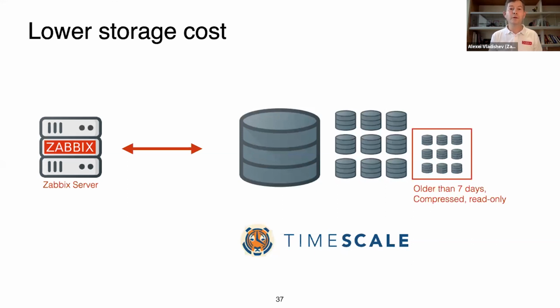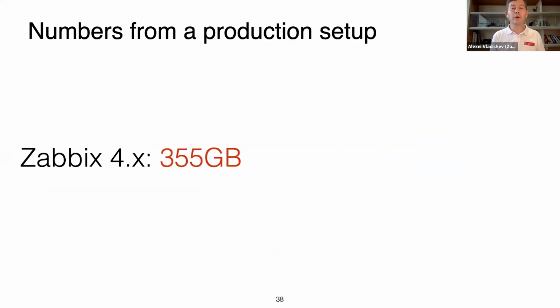And now we have introduced compression for TimescaleDB historical data. It basically means that the older data which you keep in the Zabbix database, say months-old data and older, can be compressed, so that you save on disk space and on the cost of your storage. And I will give you a quick example.